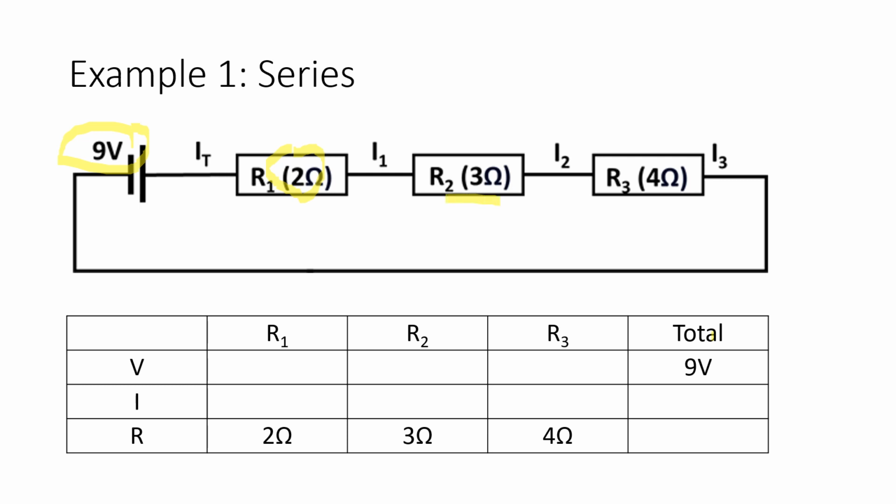Then based on that, you know this is a series arrangement, so the total is the sum of it: this plus this plus this, you get 9. Then from there, you know that V equals IR, and so you get this value. Then we know that current is the same throughout for series. Finally, you use each of the respective values to find it.